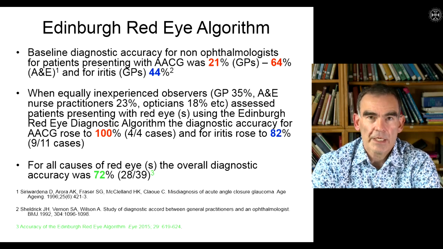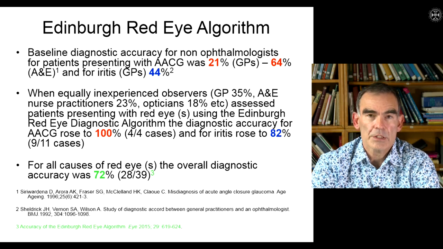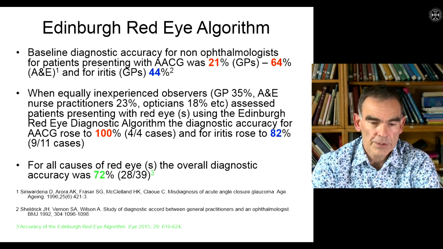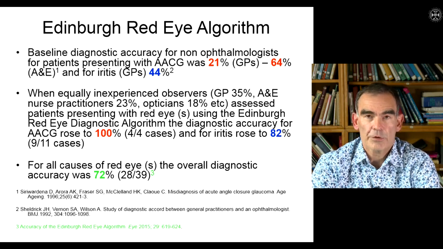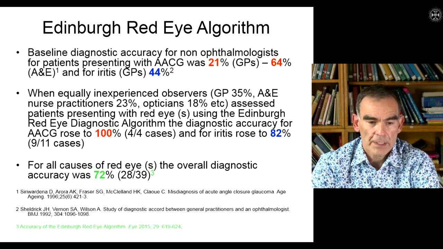The most serious red eye condition we see is acute angle closure glaucoma. And you can see from the slide here that only 21% of GPs and 64% of A&E doctors got the correct diagnosis. Similarly for iritis, another serious red eye condition, only 44% of GPs got it correct.